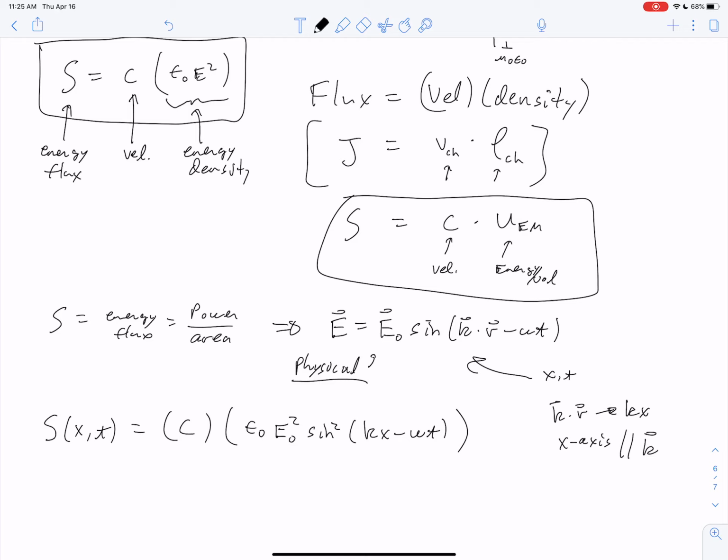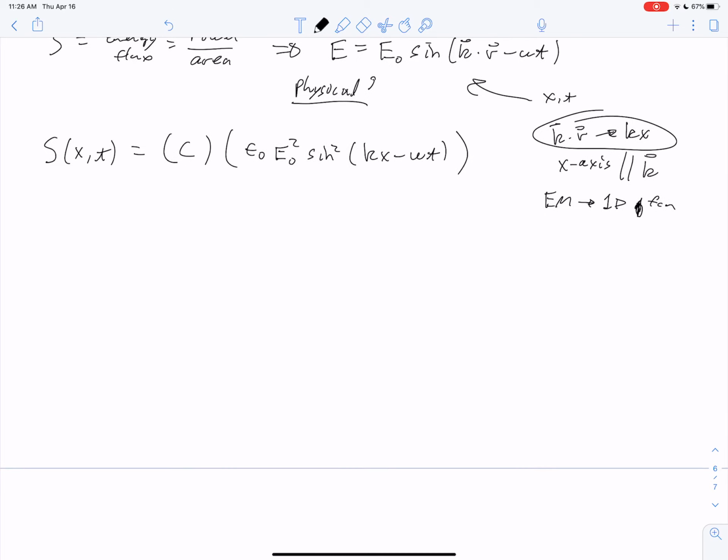An electromagnetic wave we can always think of as a 1D object, even though it's intrinsically three-dimensional, because the variation is in one-dimensional function. The k dot r I can always replace with kx.